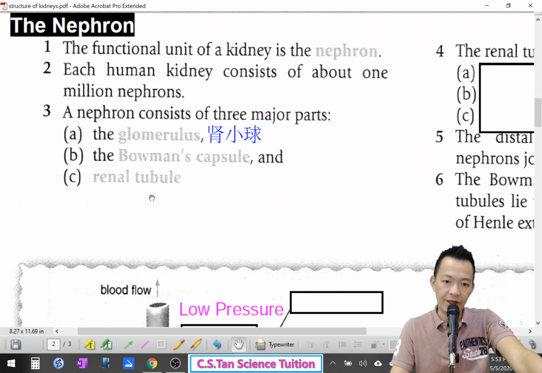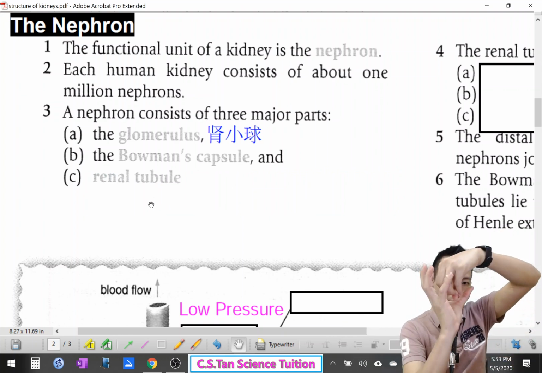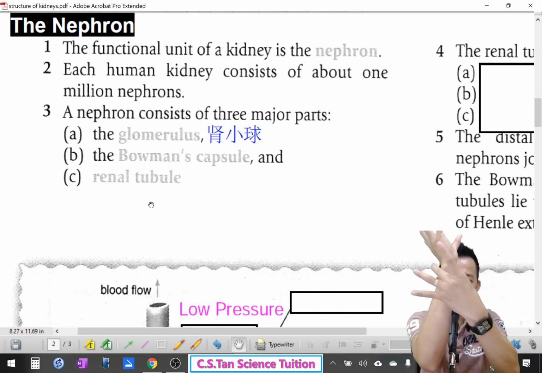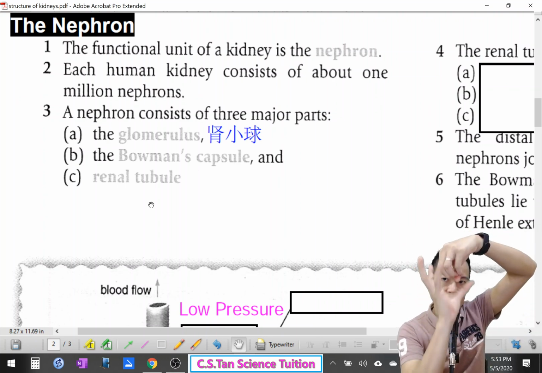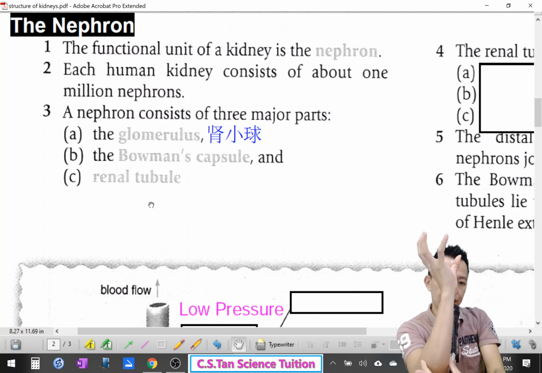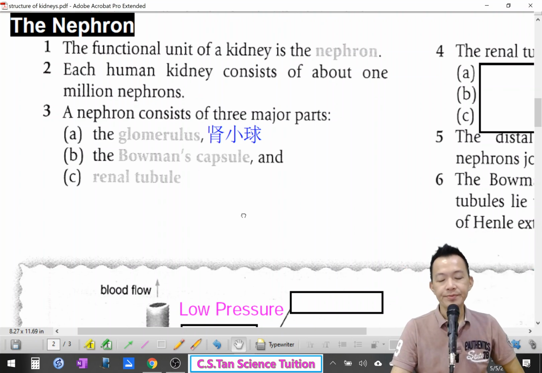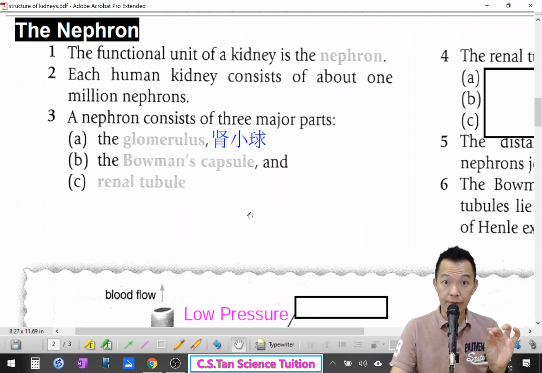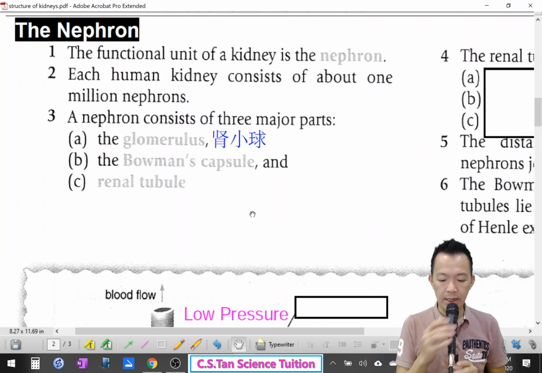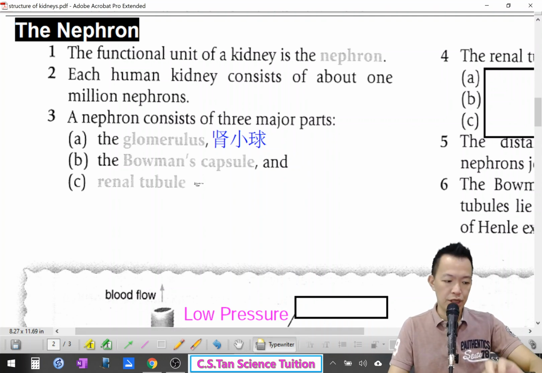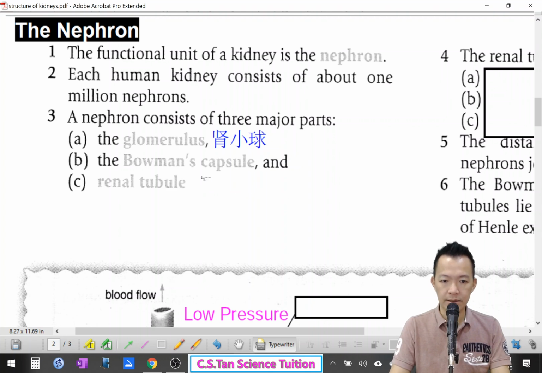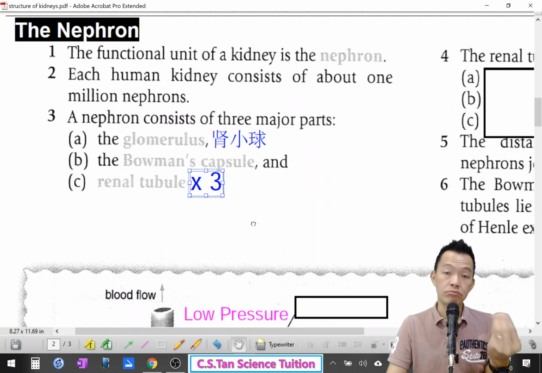Renal tubule, 肾管道. Glomerulus, Bowman capsule and also a lot of renal tubules. Next, when I talk about renal tubules, 当我讲到肾管道的时候, the renal tubules actually can still be separated into 3, 还可以分成3大种. Okay, so you can write here times 3.